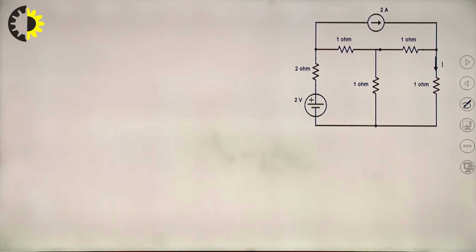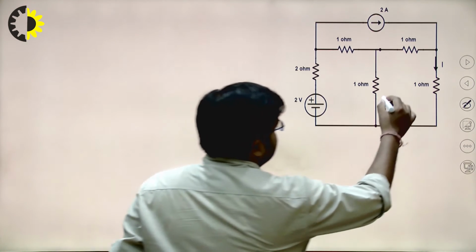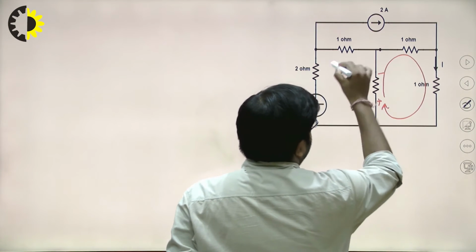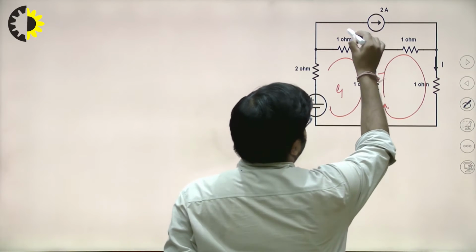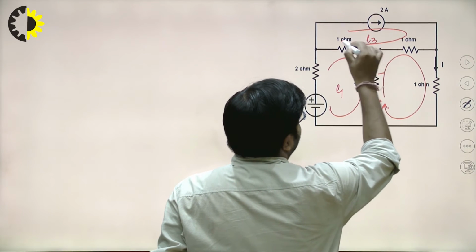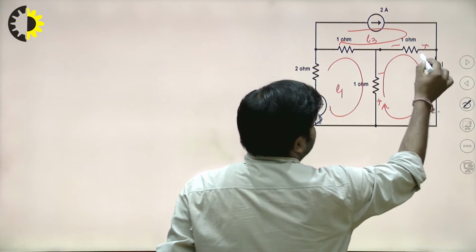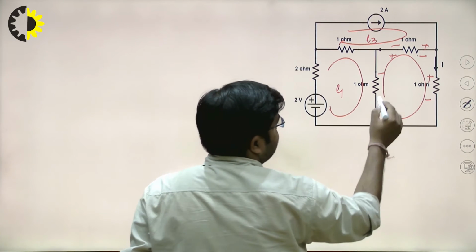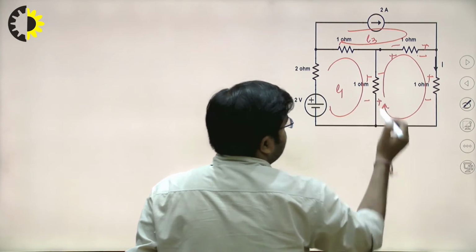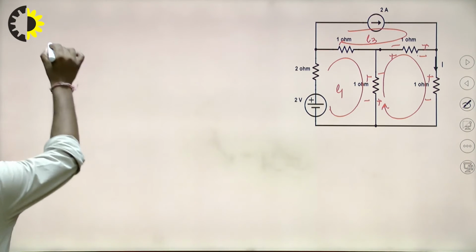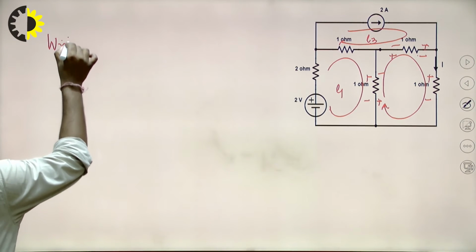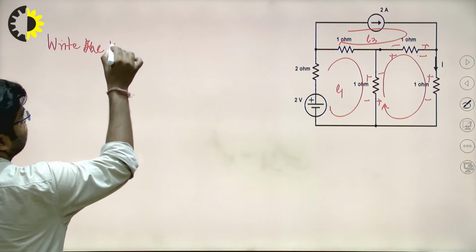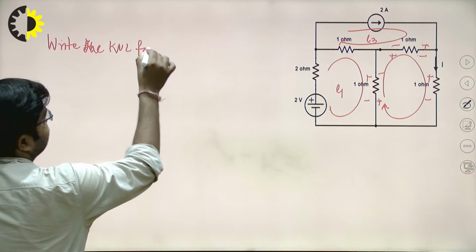Now write the KVL for this mesh. Plus minus, here the current is I1 and this is the I3 current. So plus minus for the I3 current, this plus minus for the I2 current, and here will be plus minus. So write the KVL for mesh 2.